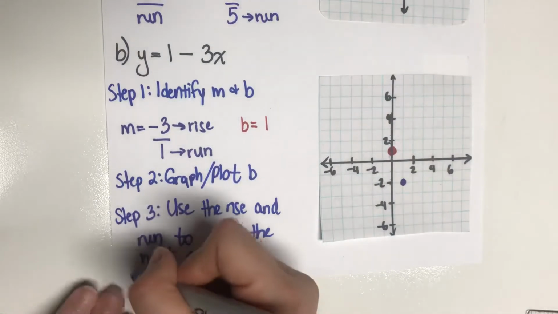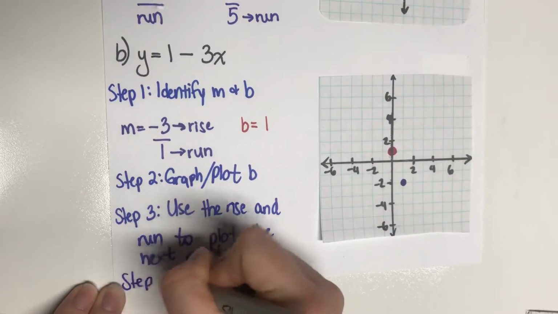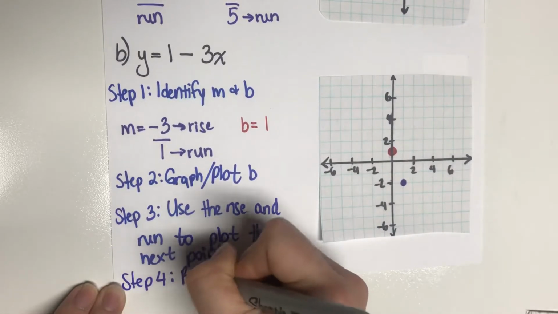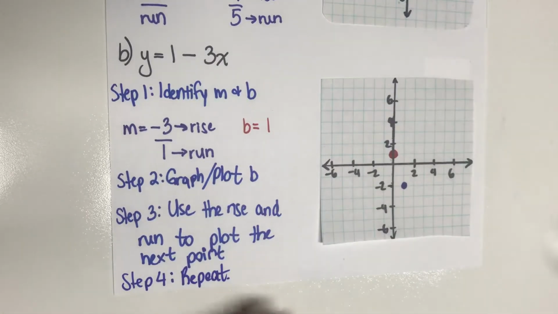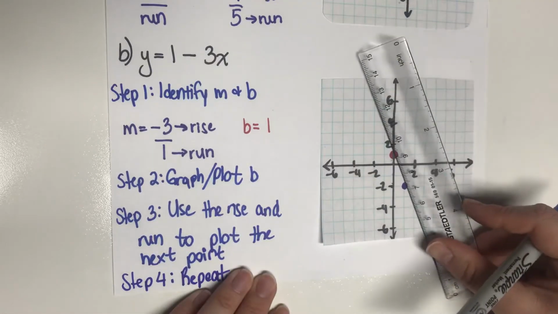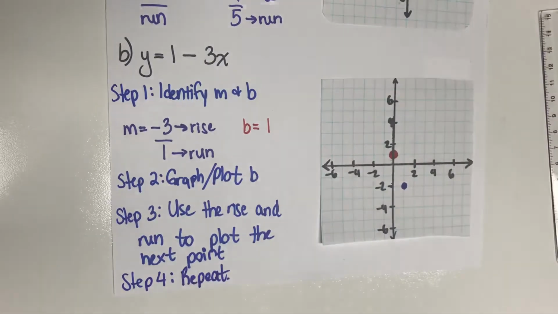Step 4 is you can repeat. Even if I just have 2 dots, that's enough to make my line. But if I repeat it, it makes my line more accurate because there's more points for me to go through.